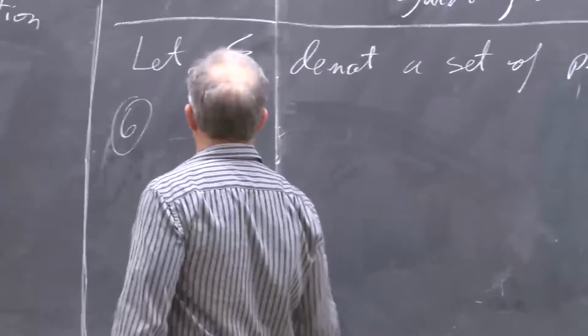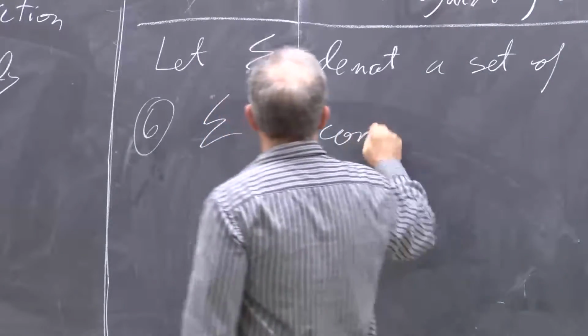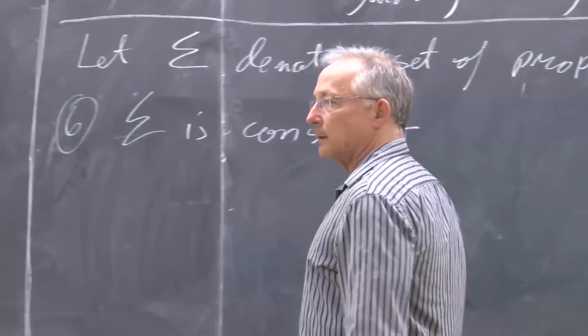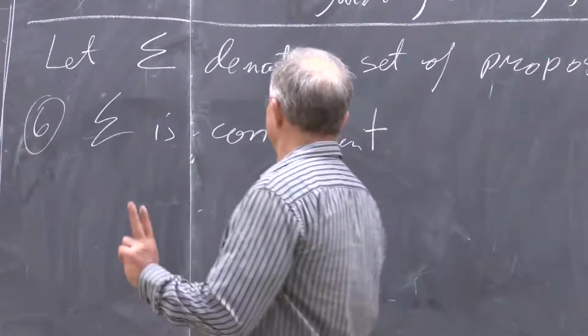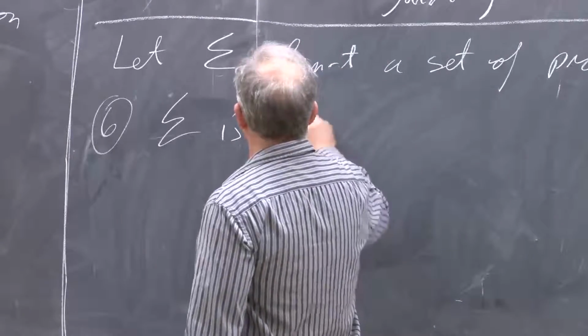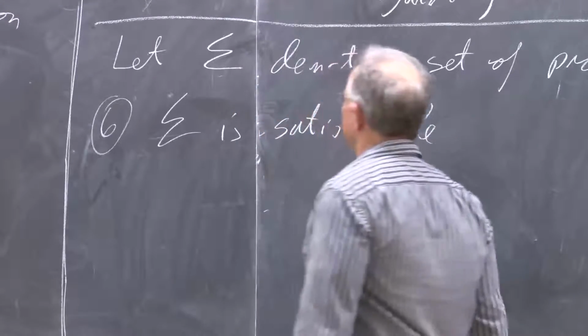We say that sigma is consistent, or sigma is satisfiable, so it will be more similar to what we've already seen.